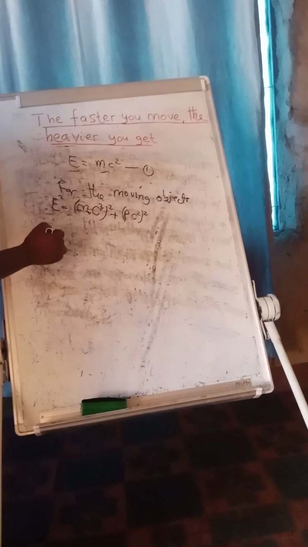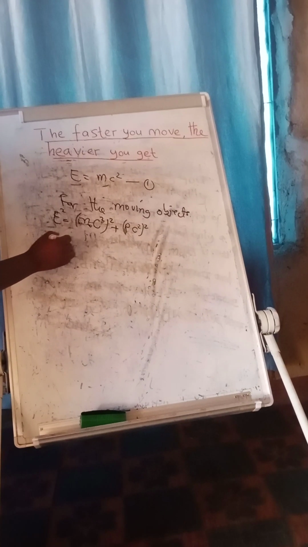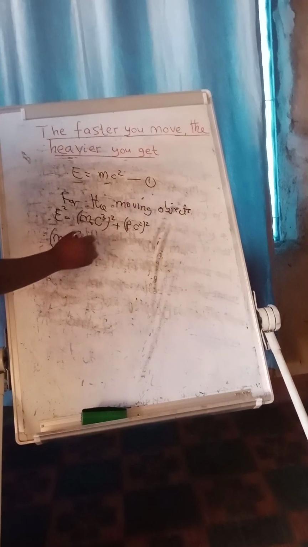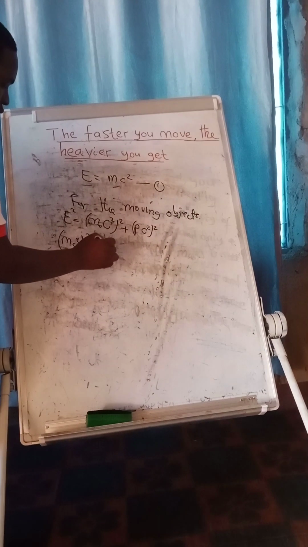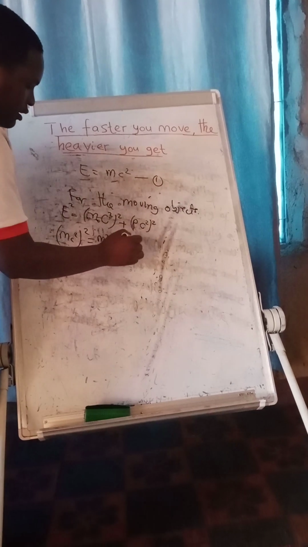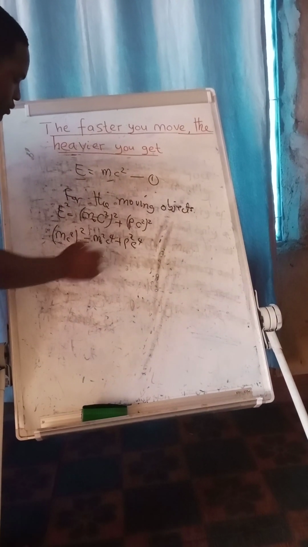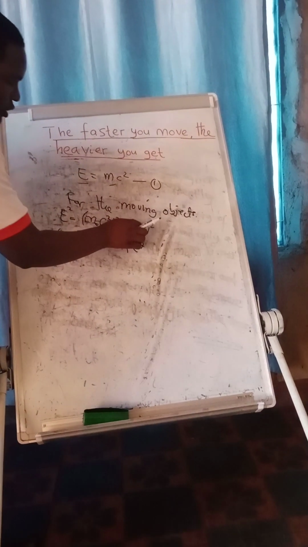Now, combining these equations, we substitute E here. Our E is m c square, so m square c to the power 4 equals m naught square c to the power 4 plus p square c square.